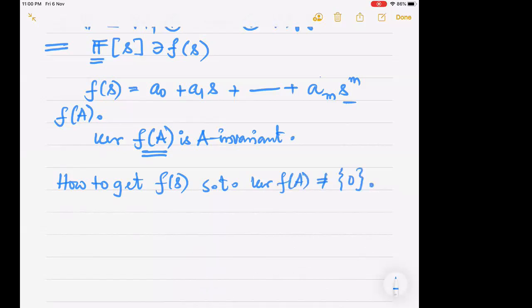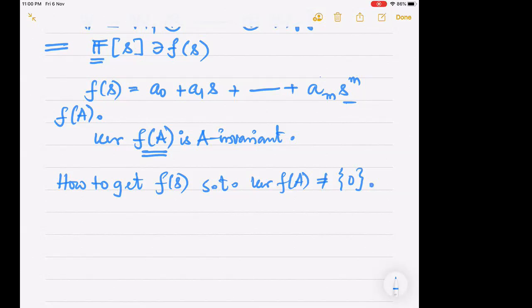You understand? Suppose I take lambda I minus A, so my f(s) is lambda minus s. Now, for arbitrary lambda, only if you choose very specific eigenvalues lambda, then and only then the kernel of lambda I minus A will be non-trivial. Otherwise, it will be just the zero subspace. So they're not interesting.